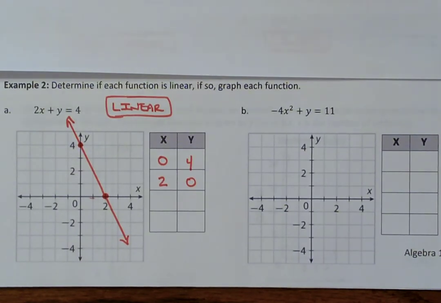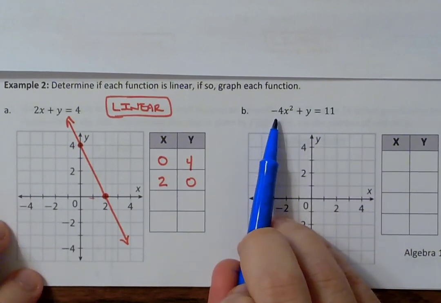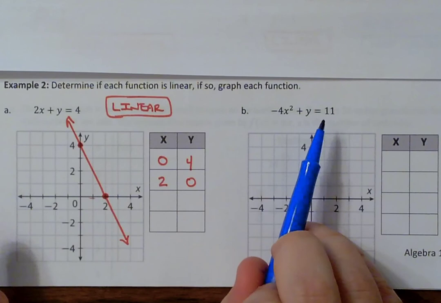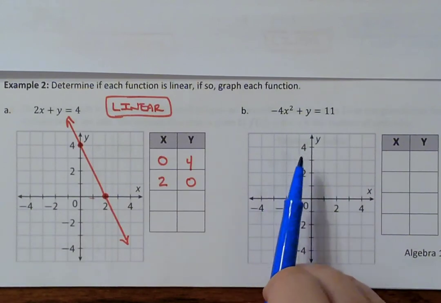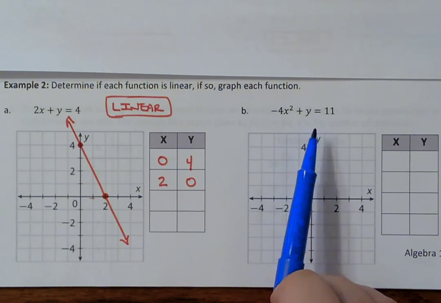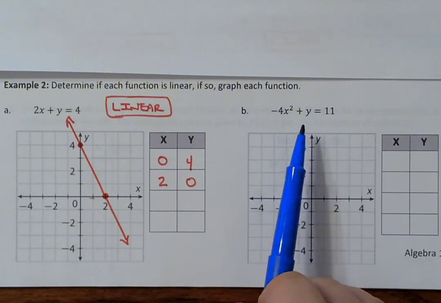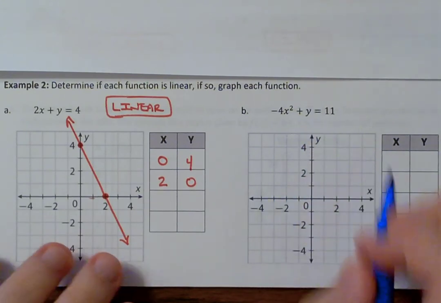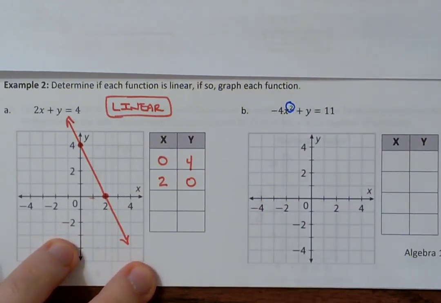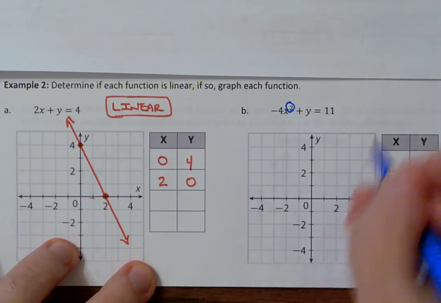All right, let's take a look at B. For B, again, first we have to determine if it is linear or not. So we have a negative 4x squared plus y equals 11. If I run through the 3 questions, first of all, does this have a y? It does. Is x or y to the power of anything? I have x to the power of 2. Because I have x to the power of 2, this violates that second part.